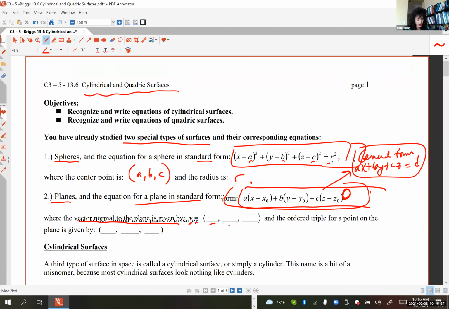V equals, what are the components? Remember I told you you could cherry pick it off of the equation for the plane? A, B, and C. And the ordered triple for the point contained in the plane is x naught, y naught, and z naught. You can just look at those guys here.